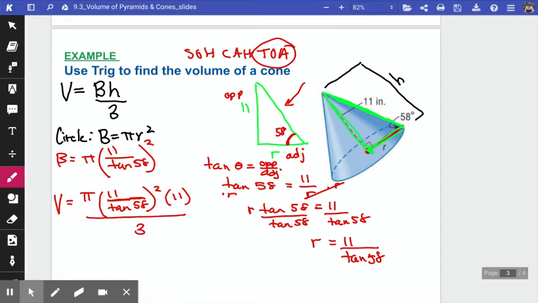So I'm going to combine some things. On my calculator, I'm using the pi button, okay? But I'm first going to do parentheses, and you should be doing this along with me. Parentheses, 11 divided by tangent of 58, and you have to close the parenthesis for the angle and then close the parenthesis for the whole thing. And then you are going to square that.